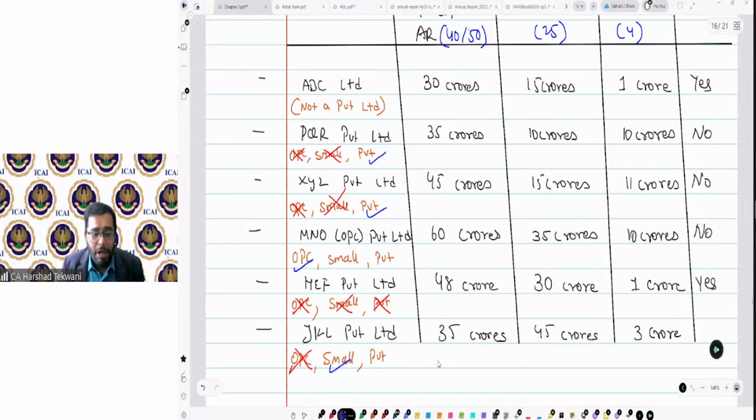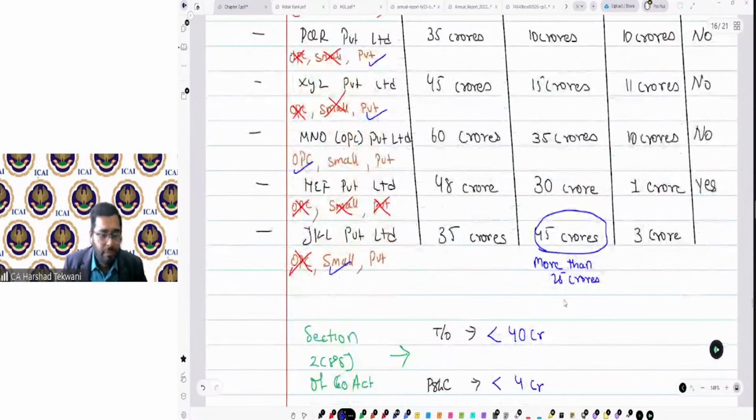If that is a small company, irrespective, this is more than 25, it will not matter. So, not to be considered.